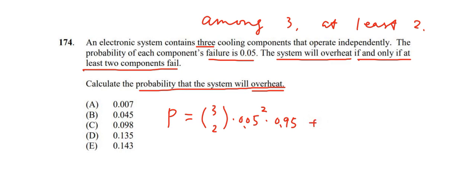Then plus 3, all of them fail, so that's 3 choose 3, which is just 1.